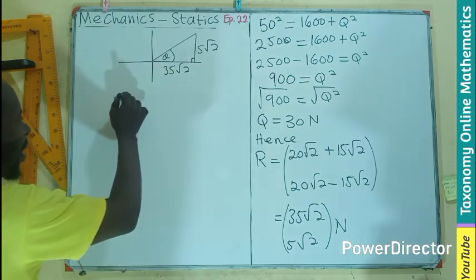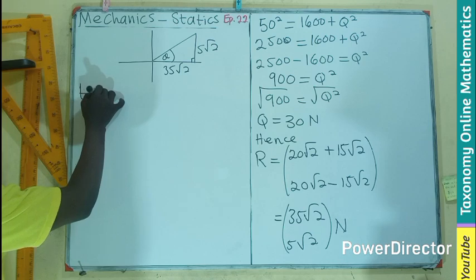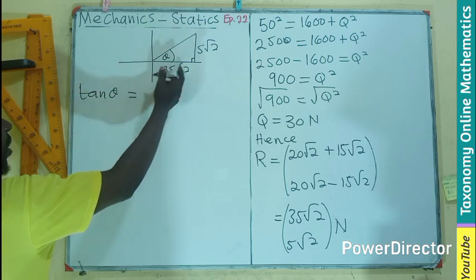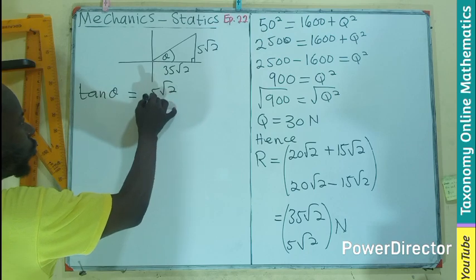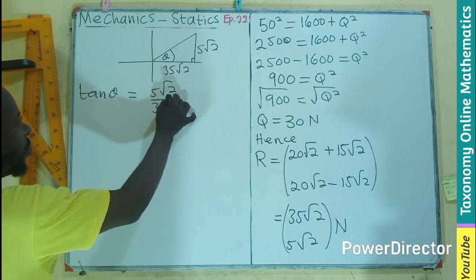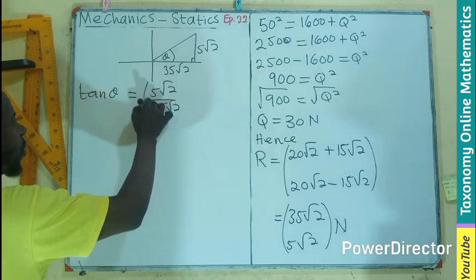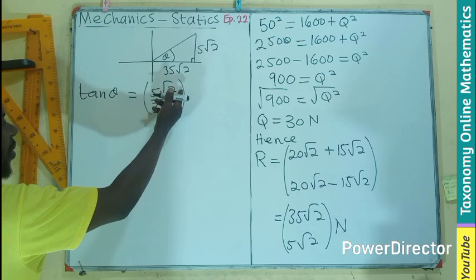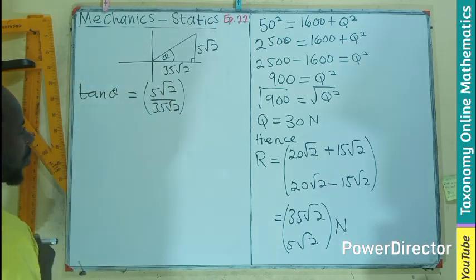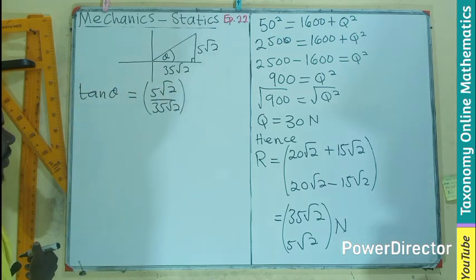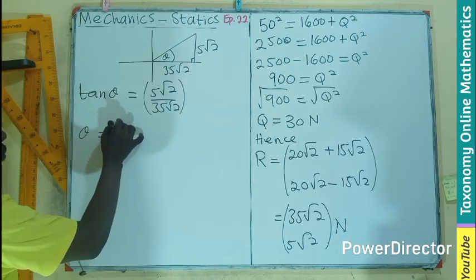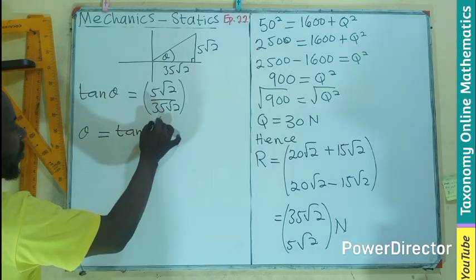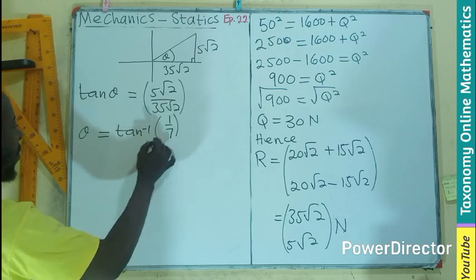So from this diagram, I can see that tan of the angle theta equals the opposite side, 5 root 2, divided by 35 root 2. I think this will cancel, so we'll be left with 1 on 7. So theta equals tan inverse of 1 on 7.